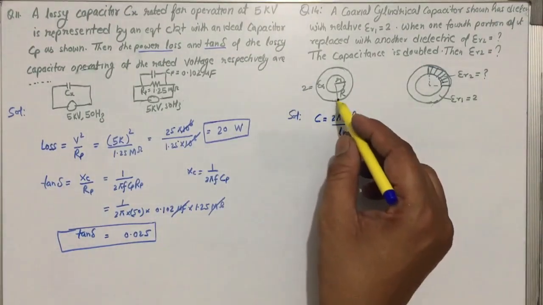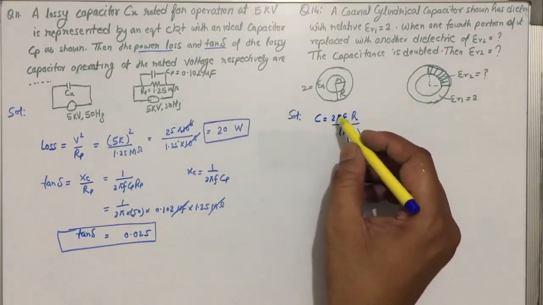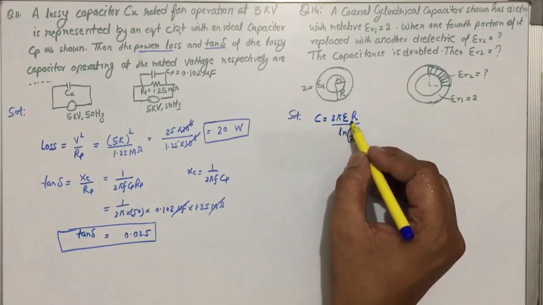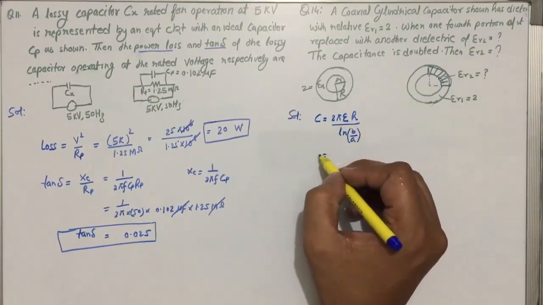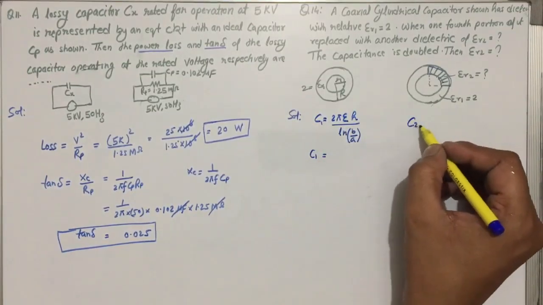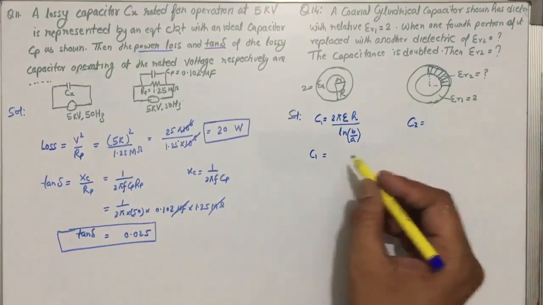So in this case, let us say the capacitance is C1 and then C2.